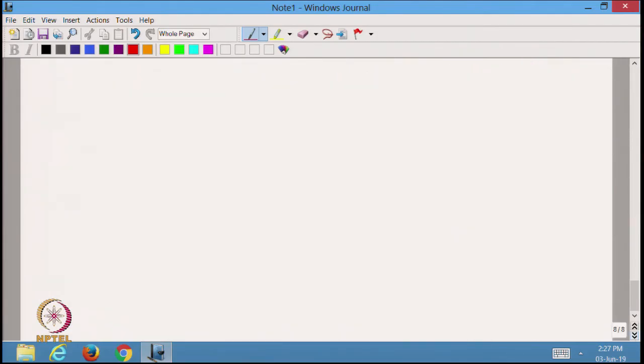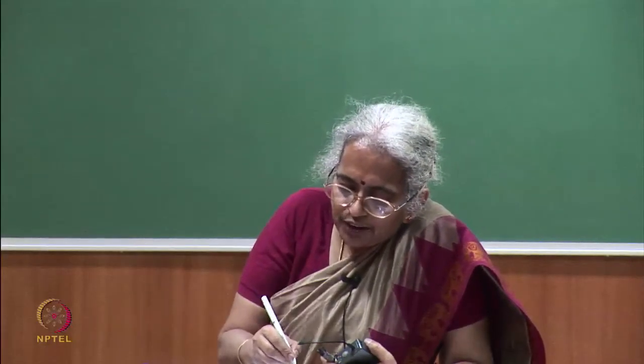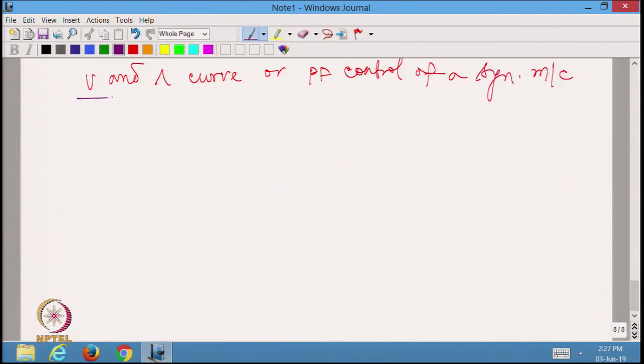One last topic I would like to take up before I finish synchronous machine is that V and inverted V curve or power factor control of a synchronous machine. We said that one of the major advantages of the synchronous machine is to have a power factor control.